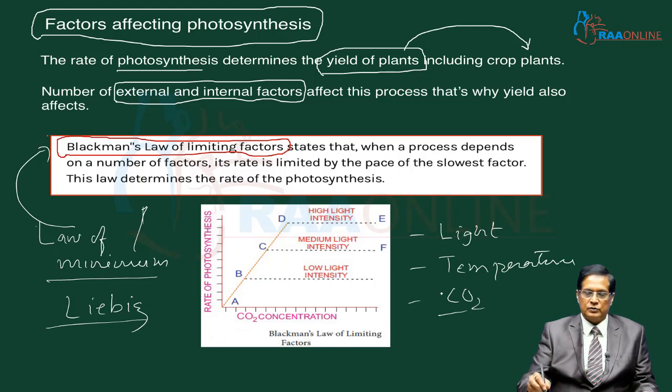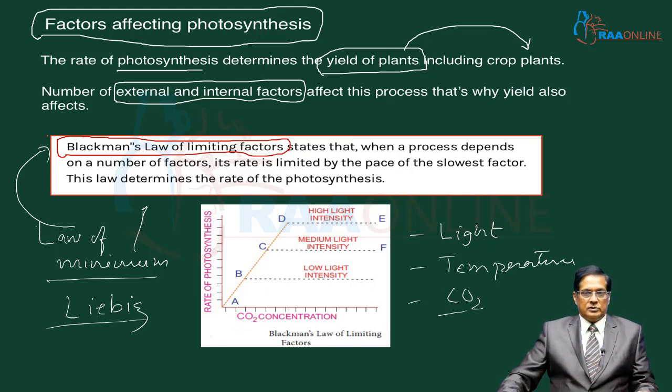These three factors affect the process. See this statement: when a process depends on a number of factors, the rate is limited by the pace of the slowest factor.